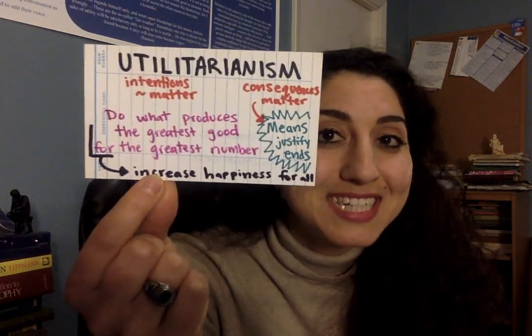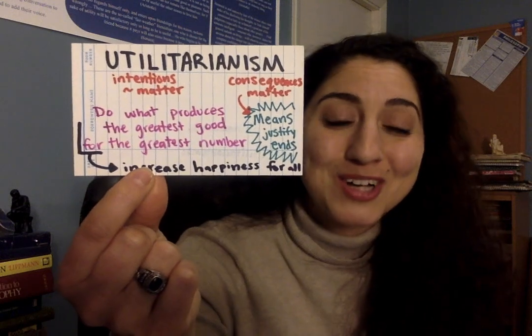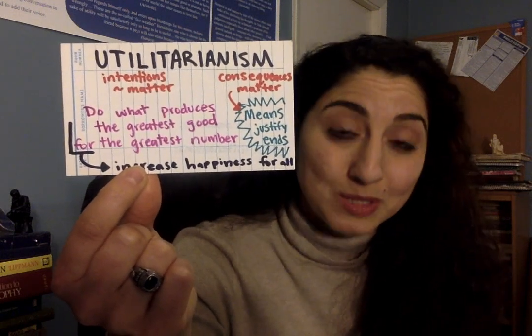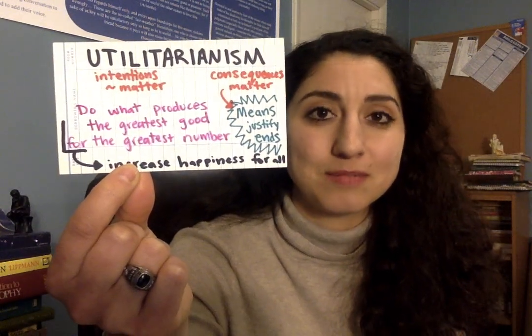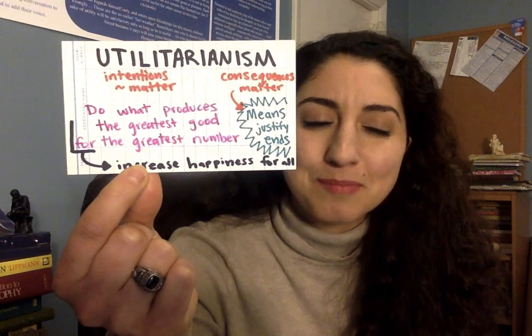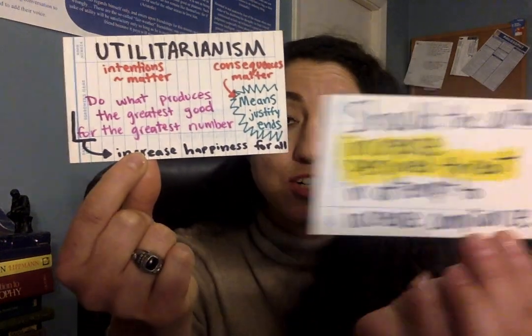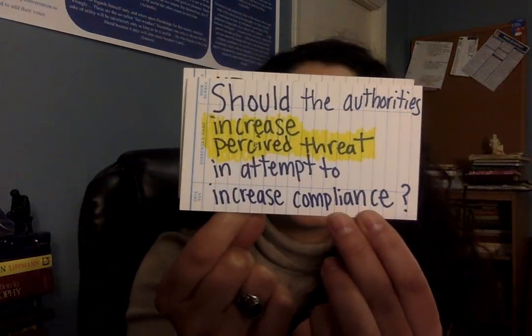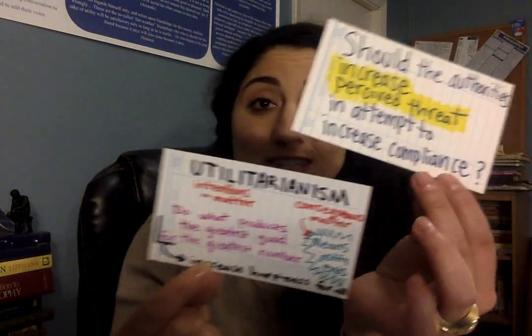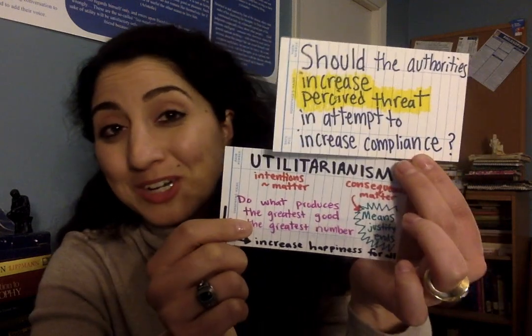Well, if you are a utilitarian, you're all about the consequences for the most amount of people affected. And if a doctor lying to people will get them to actually wash their hands and social distance and then slow the spread of an infectious disease, then that would be good.